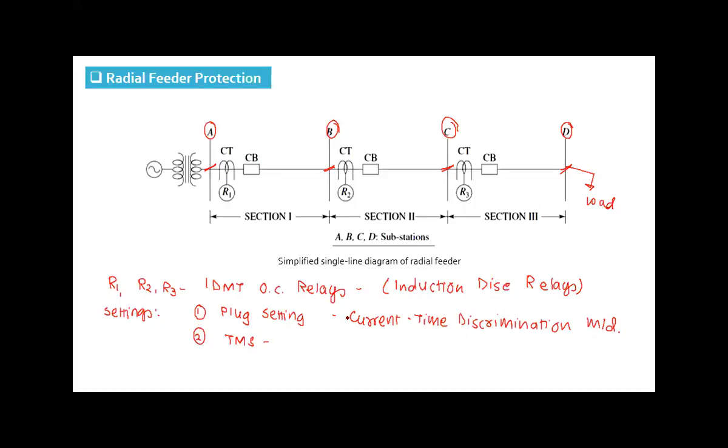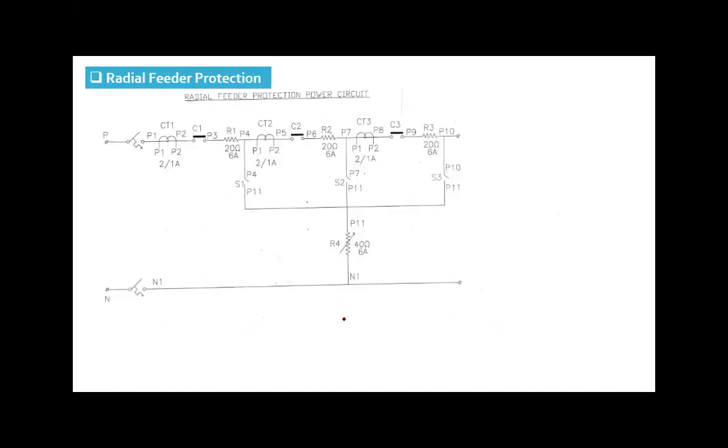Now, in our laboratory, how have we considered the radial feeder? So this is the laboratory setup, which shows the power circuit. Okay. So you can see here, this is a single phase AC supply.